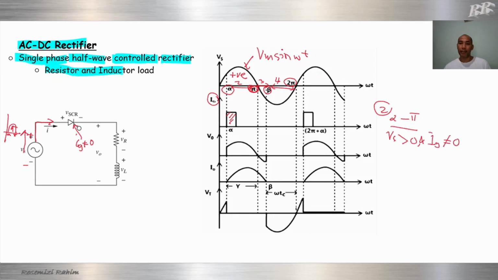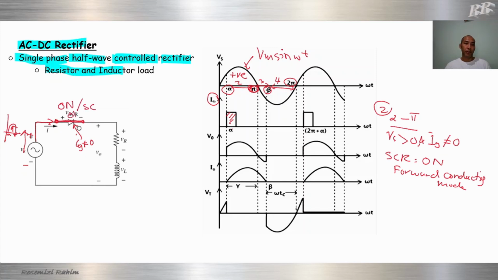That means we inject current at alpha. So the SCR will be on, in forward conducting mode. So we will switch on, short circuit here.